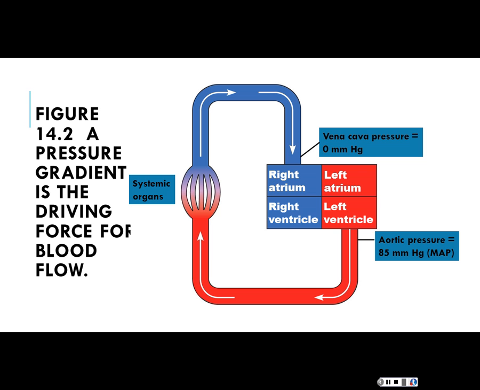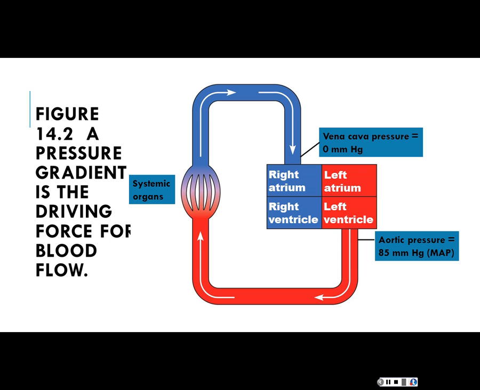So what is the gradient then? The blood does flow from high to low. Numerically, if we're using these values, what's the gradient? How many millimeters of mercury keep blood going from the left ventricle to the right atrium? 85. 85 minus 0 is 85.